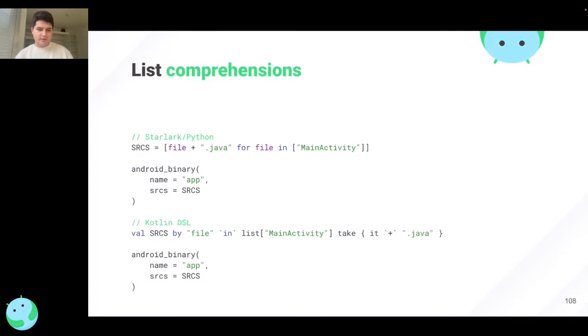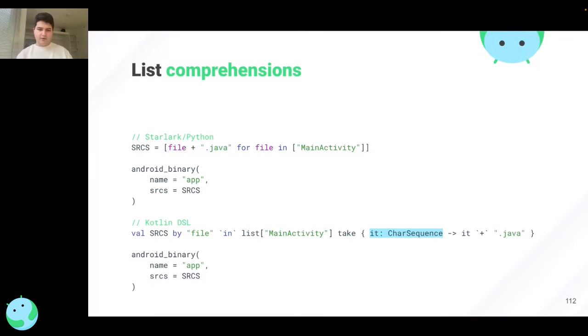We can do something similar in Kotlin, basically using different named operations. The logic of the implementation will be pretty similar, but this is how we can combine everything together. Again, for each file in the list of strings, we are doing some operation, which is basically adding an extension to the string.